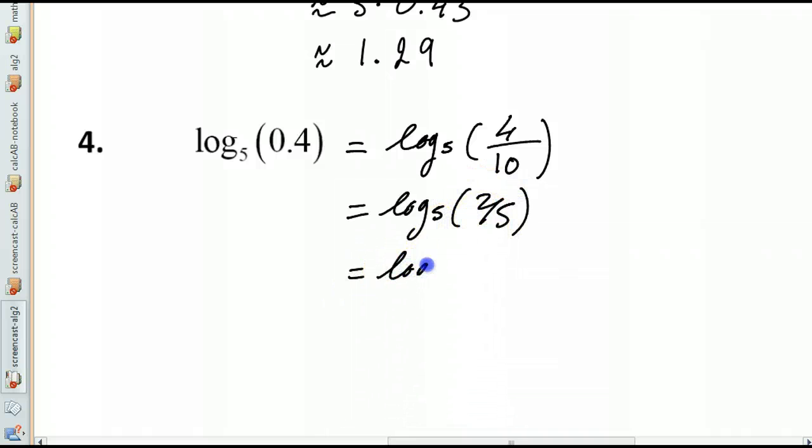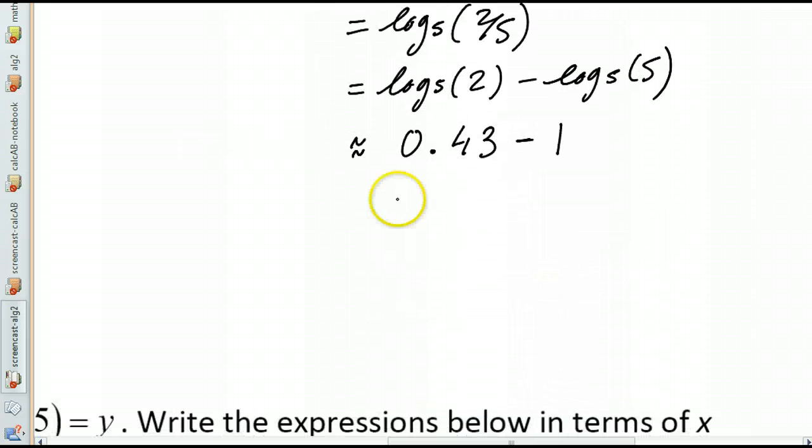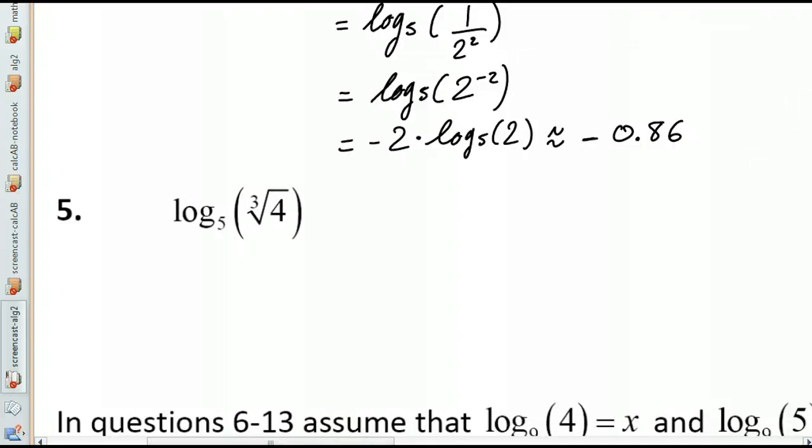Again, the log of a ratio is a difference of logs. Log base 5 of 2 minus log base 5 of 5. And the log base 5 of 2, we use that many times. It's 0.43 minus 1, okay? 0.43 minus 1 is about 0.57. Okay. All right, last one.